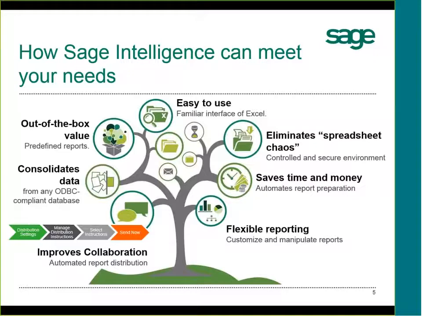It consolidates data. Now this is very important. So not only can Sage Intelligence enable you to create your financial reporting needs, but it also enables you to create reports from sources outside of your ERP. These are any ODBC compliant databases.